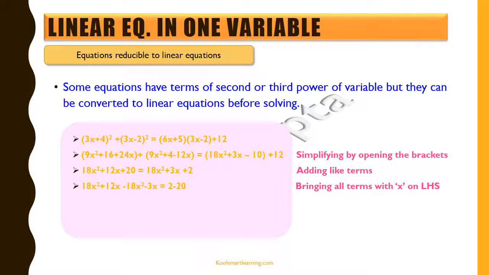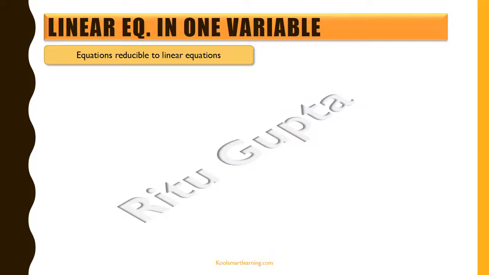Or you could simply bring all the terms of x to the left hand side and all the constant terms to the right hand side, and here is what we get: 18x² + 12x − 18x² − 3x = 2 − 20, and that is where we get 9x = −18, and that's clearly a linear equation in one variable. So x = −2 is the answer.